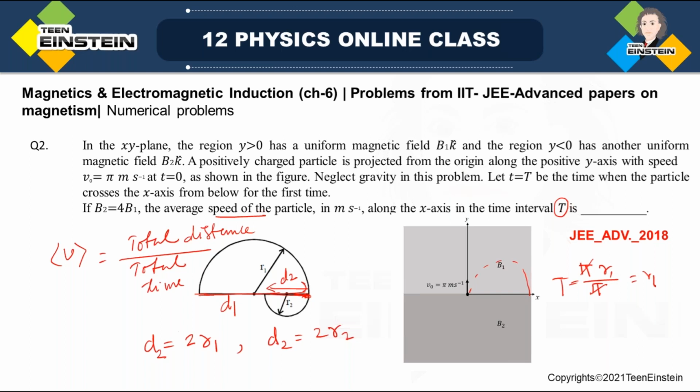So the question was, in the xy plane, the region y greater than 0 has uniform magnetic field V1K. Let me just check the average speed.